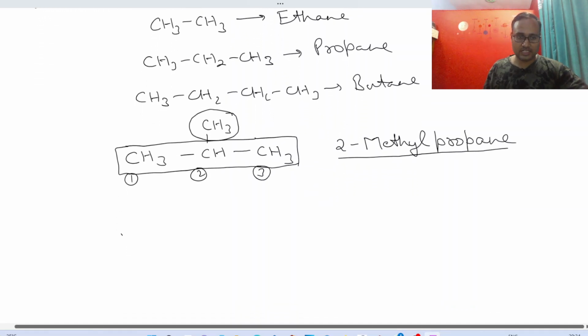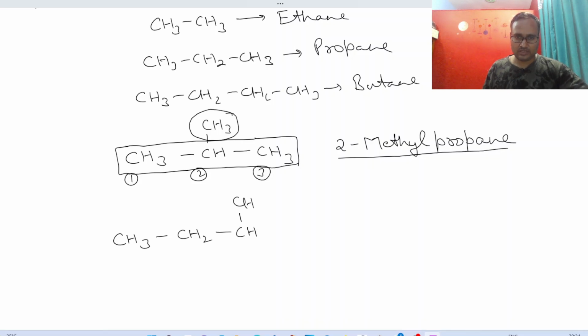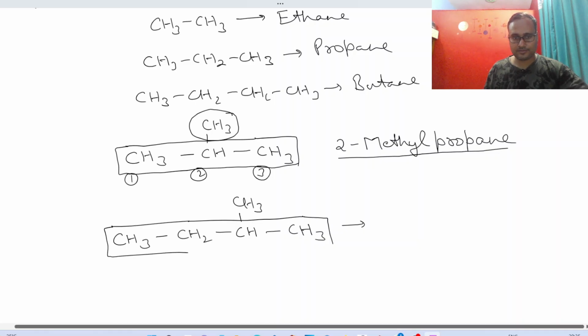Similarly, if we have a compound like this, CH3, CH2, CH, and we have a methyl group and CH3. In this case, we first select the longest chain.